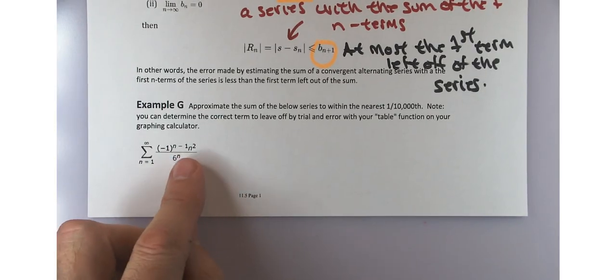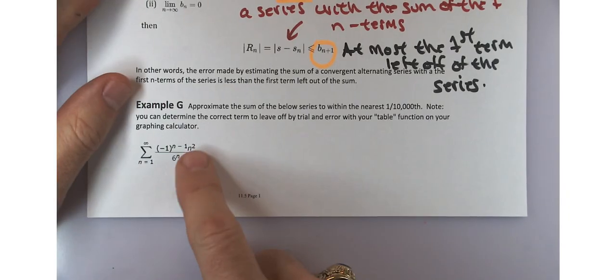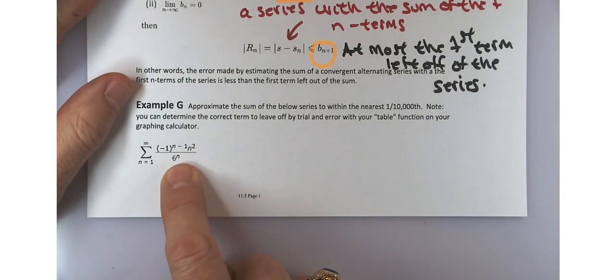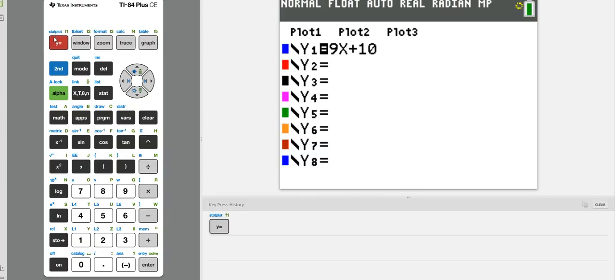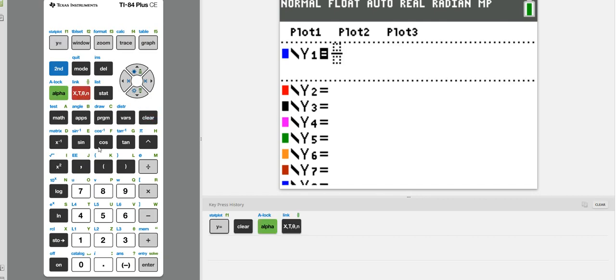So let's just put in the function n squared over 6 to the n into our calculator, into the equation editor part of it. So y equals, let's clear out the stuff here. And then in the numerator, instead of an n, I'm going to use an x because I didn't take the time to put this in sequential mode. X squared over 6 to the x.